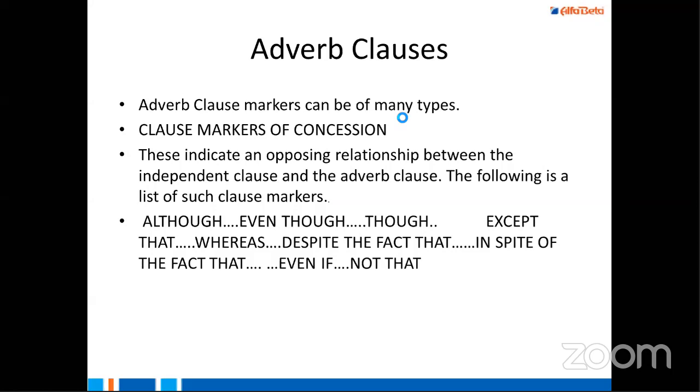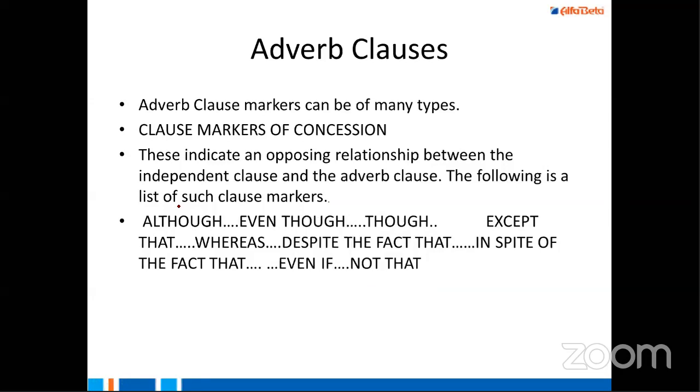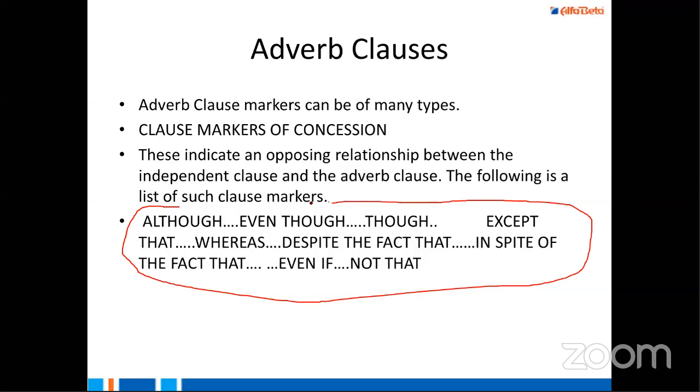Now, note, these make up one family of subordinate conjunctions that start off an adverb clause. I am sure you are familiar with all of them. They are used for opposites. For example, although I am tall, all my friends are short. Or they're used for ironies.